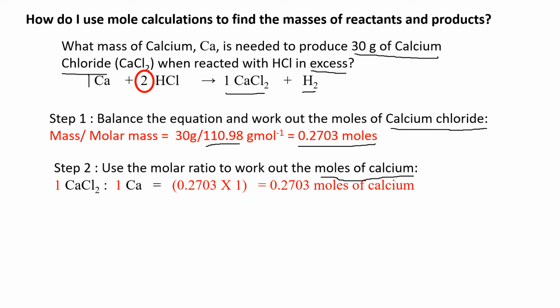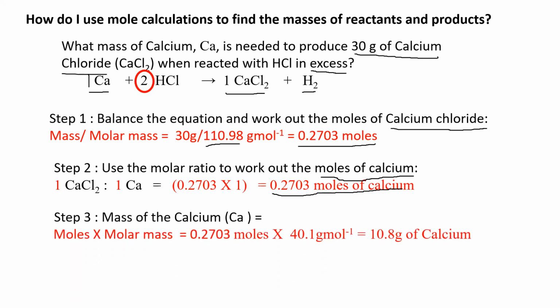In this case it's very simple, as you're dealing with 1 calcium and 1 CaCl2. So 0.2703 times 1 gives us the same moles as calcium chloride. Step 3, you use moles times molar mass. So 0.2703 times 40.1 gives us 10.8 grams of calcium.